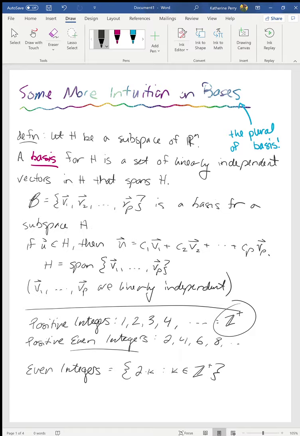And so if k is 1, then I get 2. And if k is 2, then I get 4. If k is 3, then I get 6, and so on.